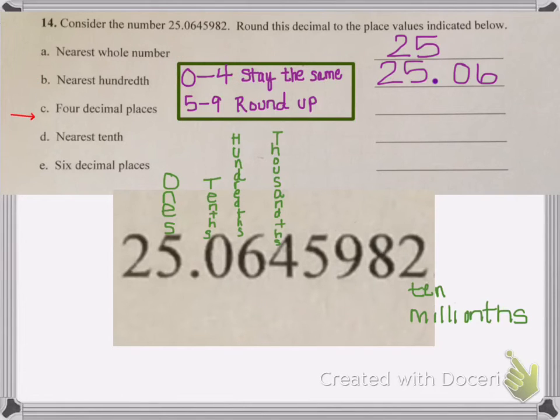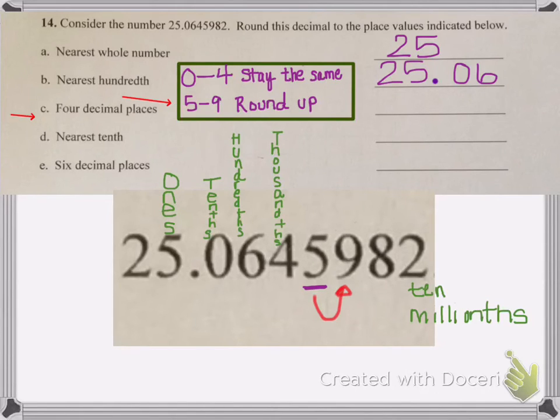Okay, let's look at the next one. Now I have to round to 4 decimal places. So I'm going to count 4 decimal places. 1, 2, 3, 4. That puts me underneath this 5 right here. And I'm going to look to the critical digit, which is a 9. So between 5 and 9, that tells me that I'm going to round up.